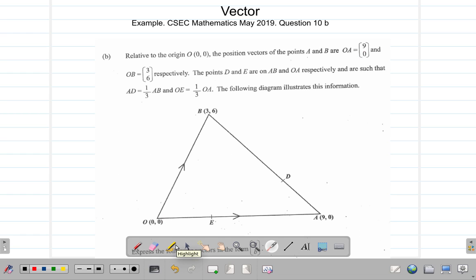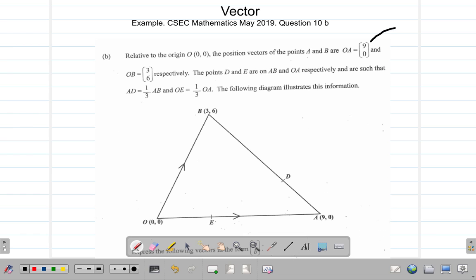You can see here, you move 9 units to the right in the horizontal, but 0 in the vertical. You neither move up nor down.